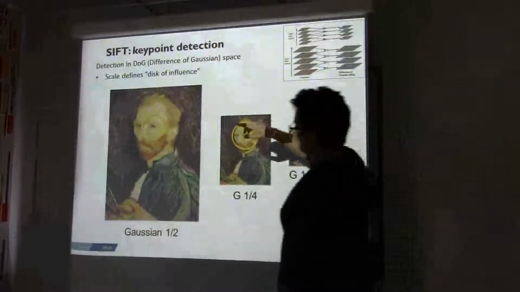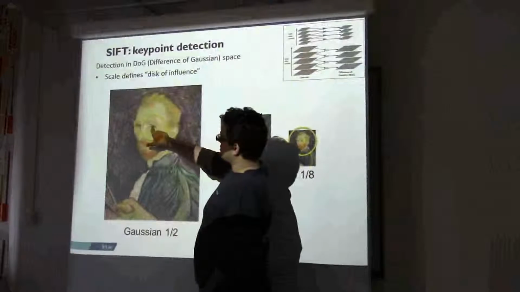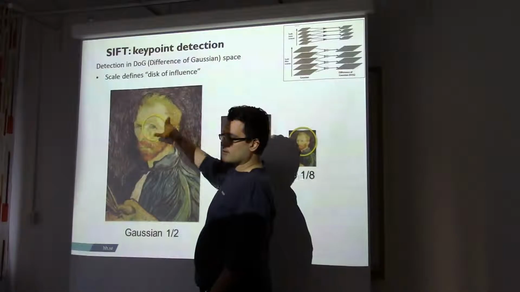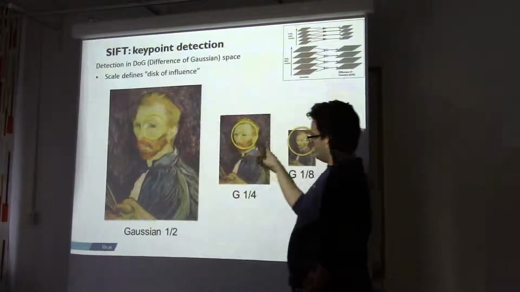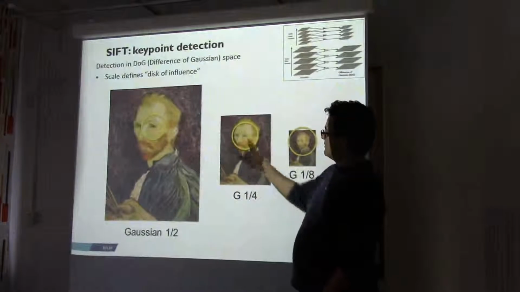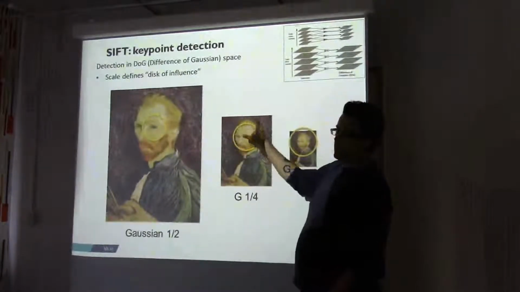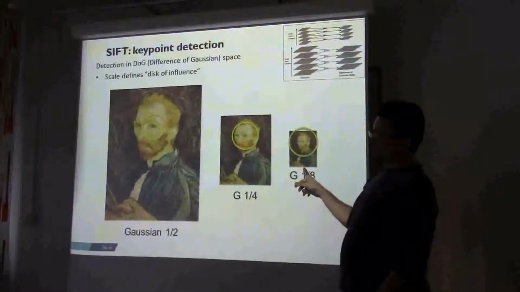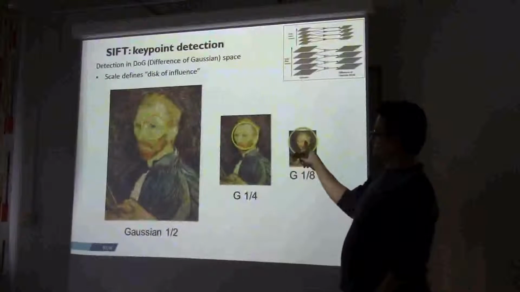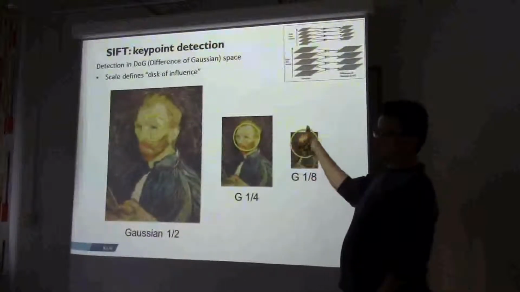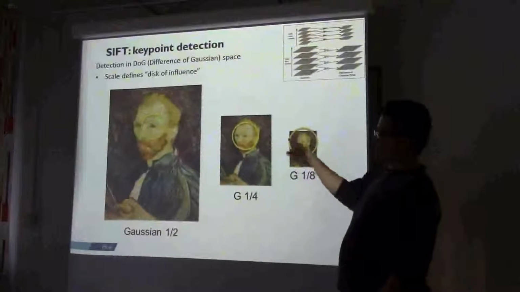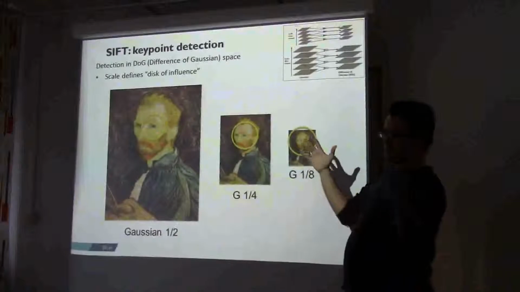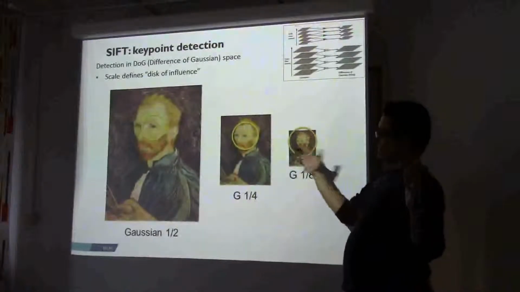Because if you detect the point in the original image here, you are applying, let's say, a Gaussian with this standard deviation. If you reduce the size to half, then your Gaussian is covering a bigger region in the original image, and then if you reduce the scale once more, the point that you detect here is based on applying a Gaussian to this neighborhood here. Because your Gaussian never changes. What changes is your image that is reduced. So each time you reduce the image, your Gaussian is covering a bigger region.